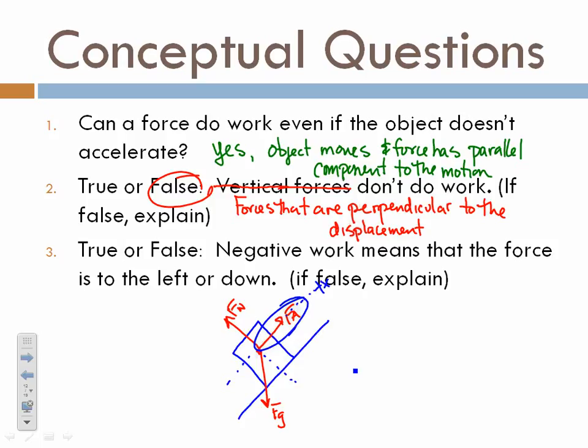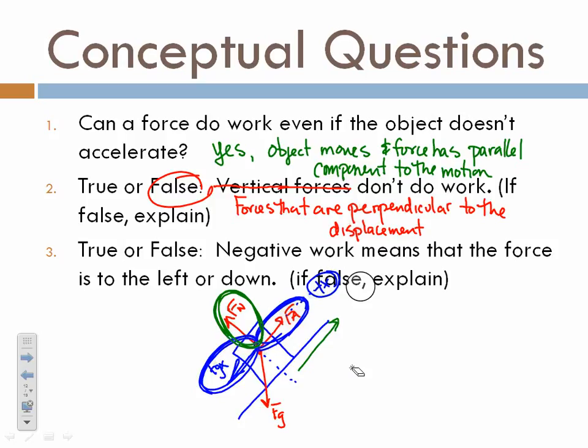It has a parallel component to the displacement. Gravitational force is pulling down and away against this thing, but guess what? It has a parallel component to that motion. What force isn't doing any work? The normal force. The normal force is perpendicular to the motion up the ramp, and so it's not doing any work.